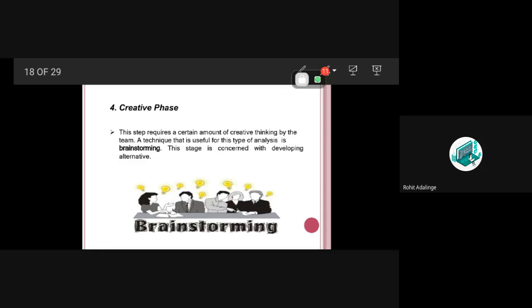A technique that is useful for this type of analysis is brainstorming.